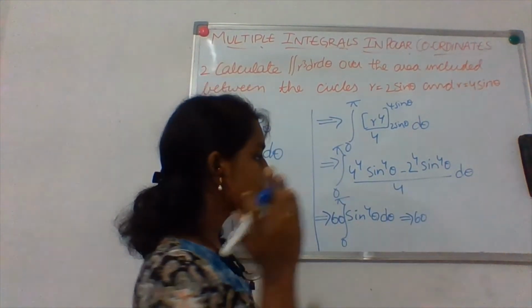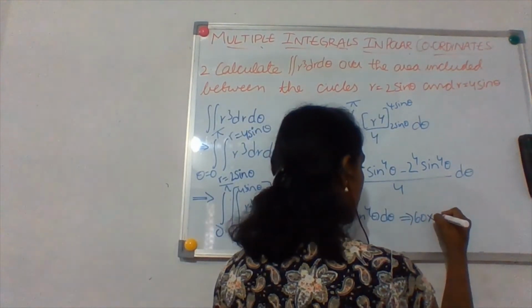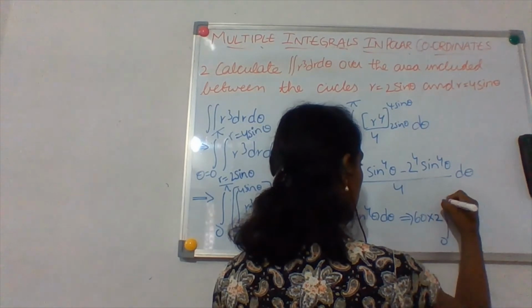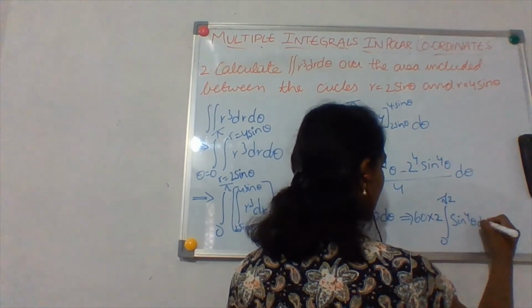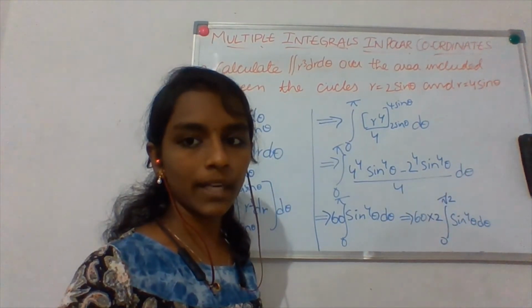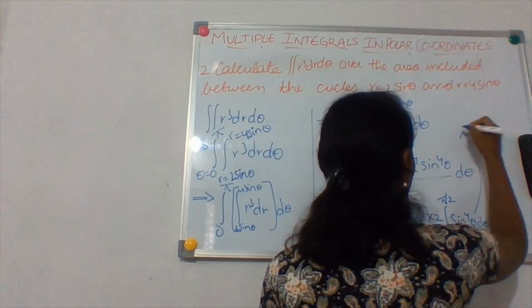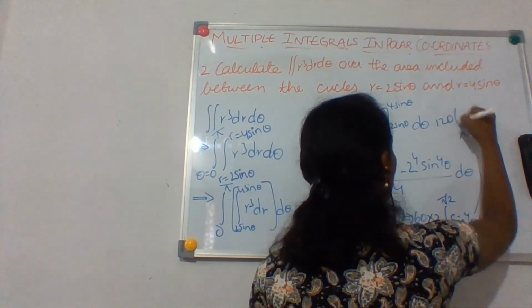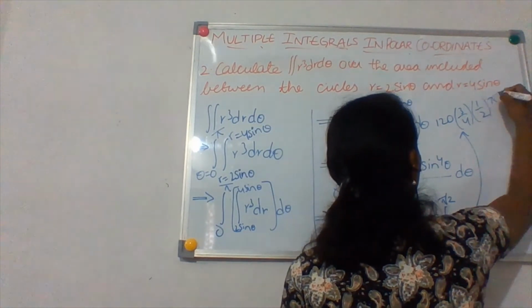For this, you have some properties in your intermediate, right? So according to that, 2 into the integral from 0 to pi by 2 of sine power 4 theta d theta. Since this is sine, you will get 120 into 3 by 4 into 1 by 2 into pi by 2.